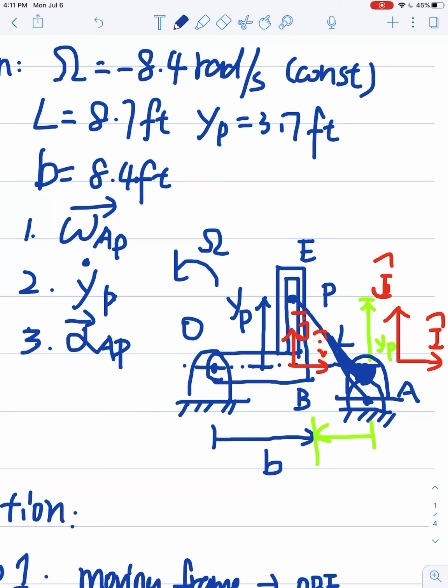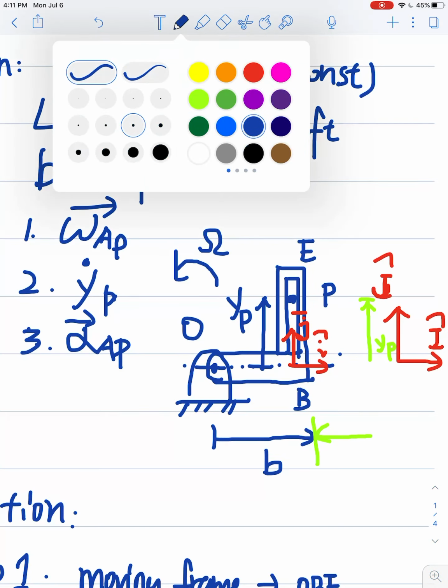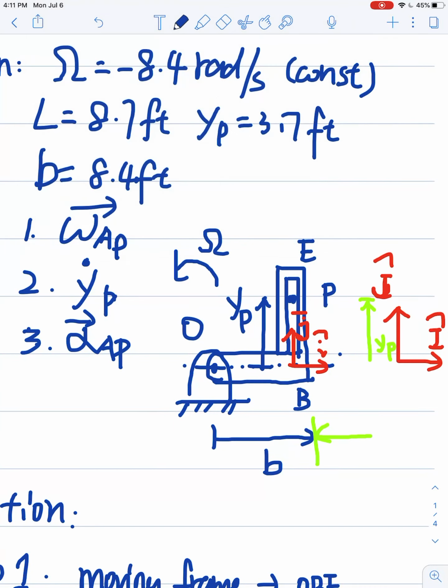We know the length of the bar, which is L. Let me redraw this. This looks terrible. Point A. Okay, now it looks better.